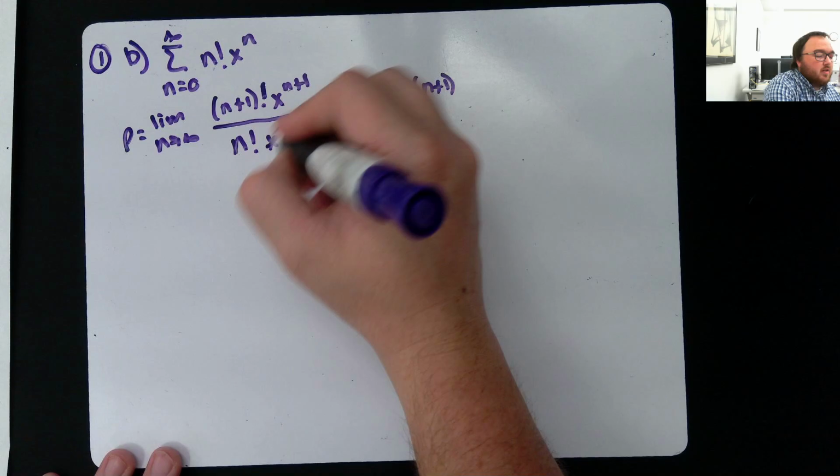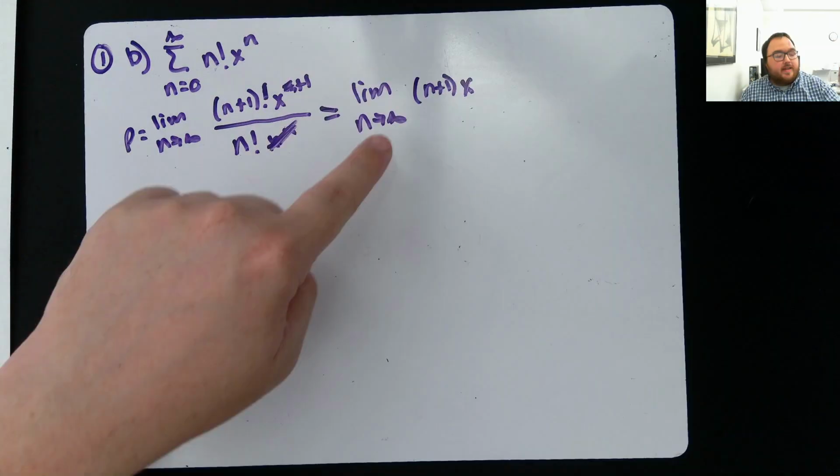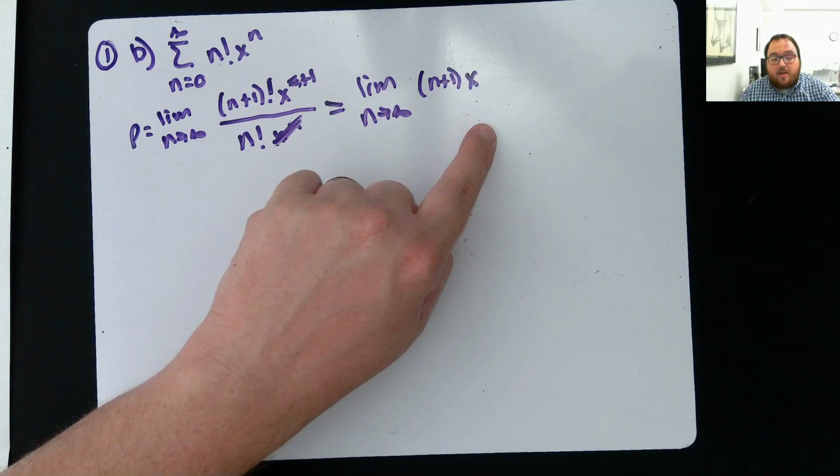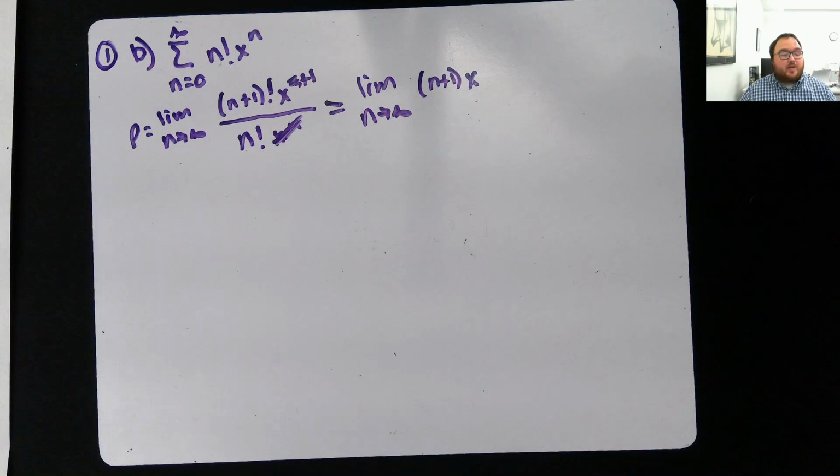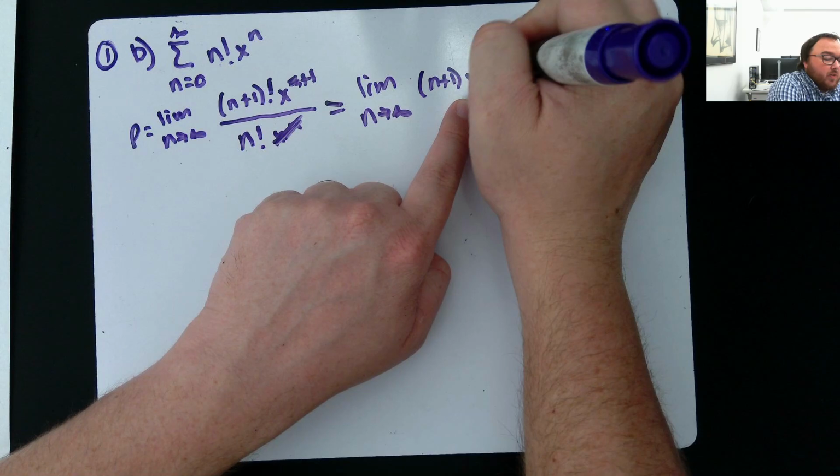Now, your first thought would be, as n gets really big, this whole thing gets really big. And that's true, except when x is a certain thing. Let's think about that really quick. What's the only value of x that would kind of mess that up? So think about it. And the answer is, if x is equal to 0, then this whole thing would be equal to 0.